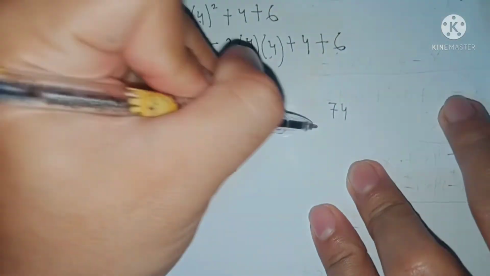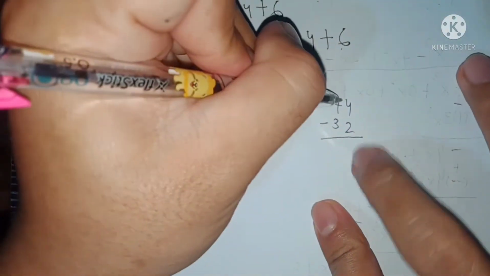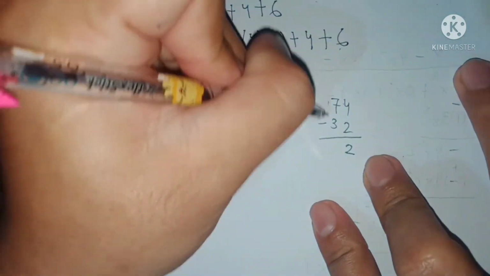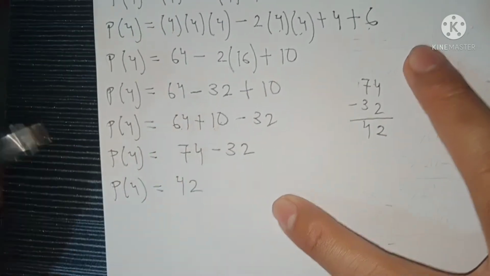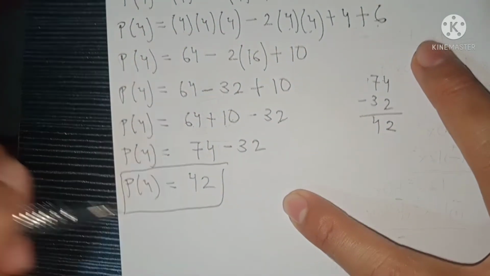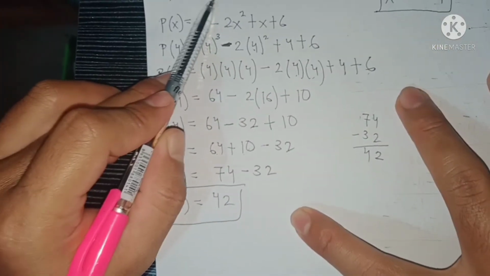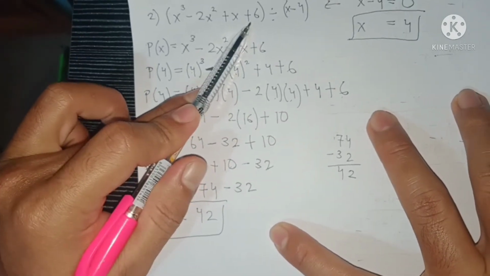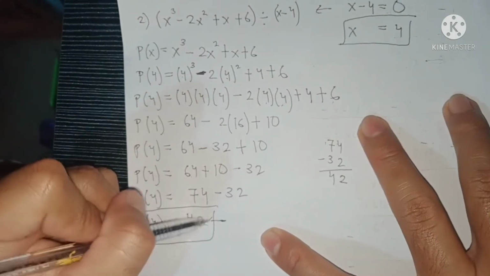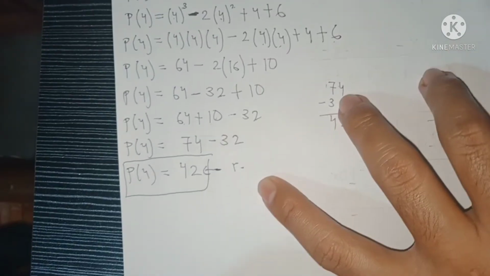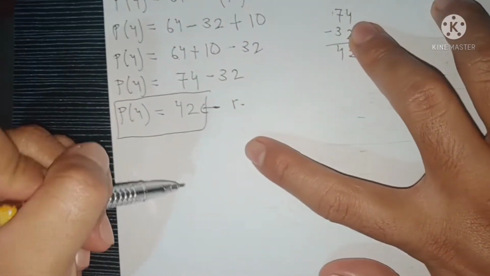You have 74 minus 32: 4 minus 2 is 2, and then 7 minus 3 is 4. Therefore p of positive 4 is 42. Ang remainder daw kapag yung x cubed minus 2x squared plus x plus 6 ay dinivide by x minus 4, yun ay 42. So let us check synthetic division.